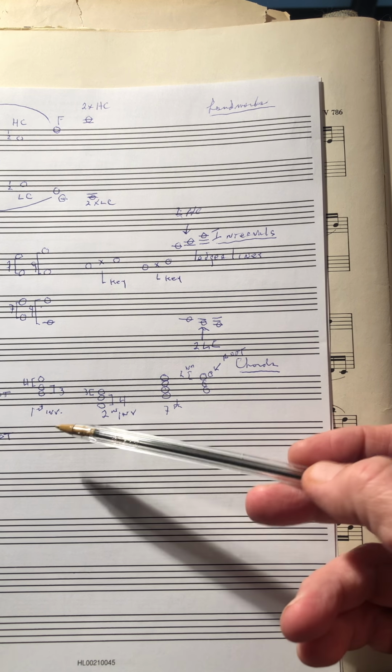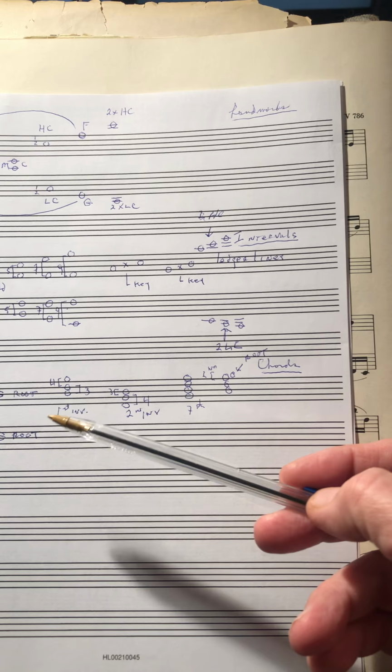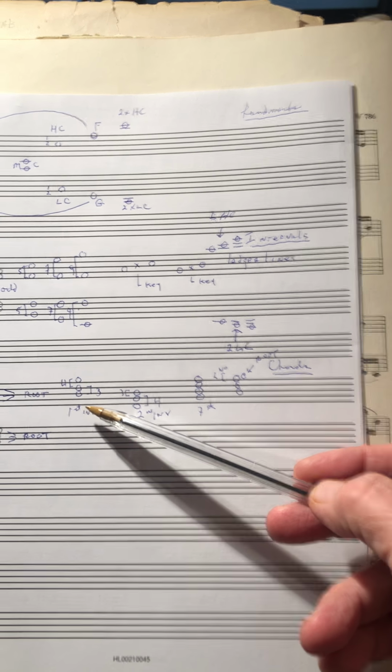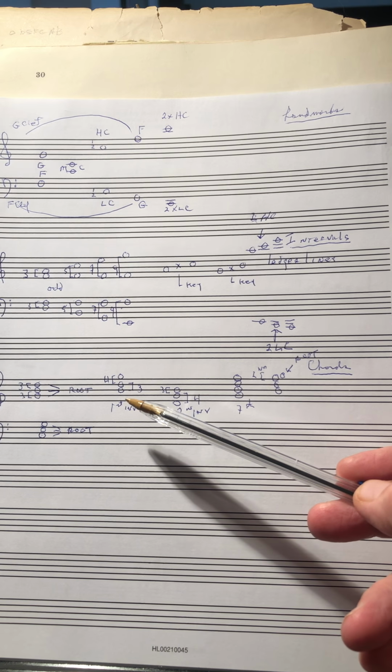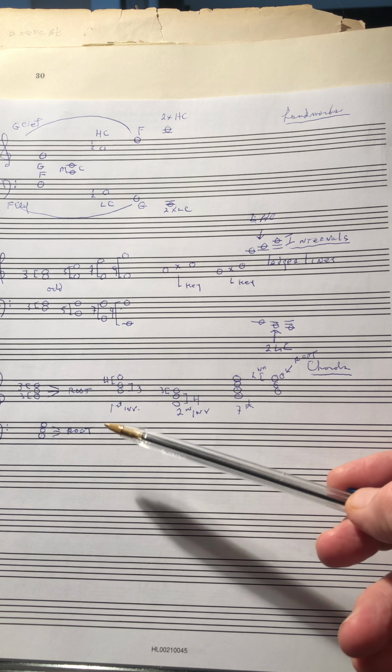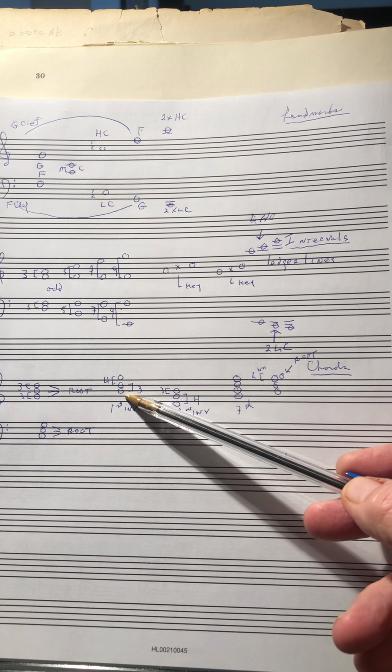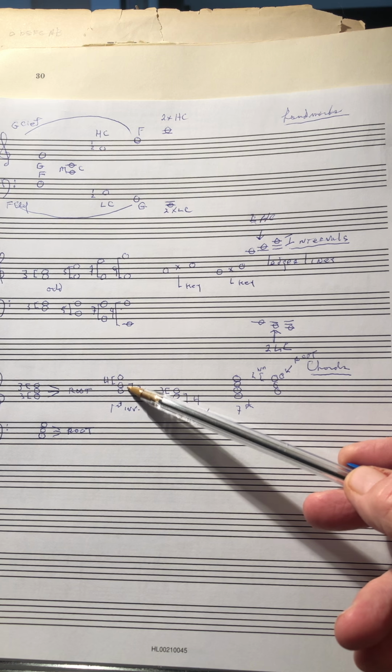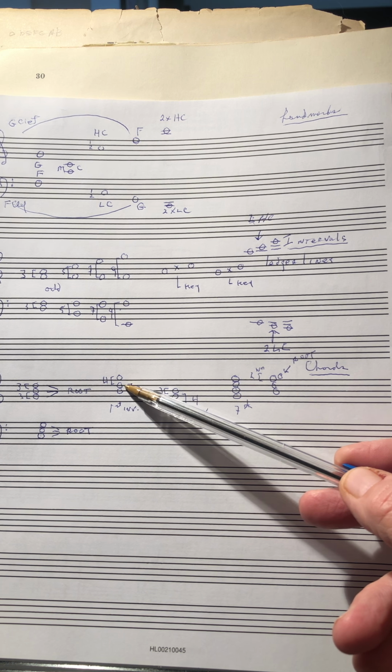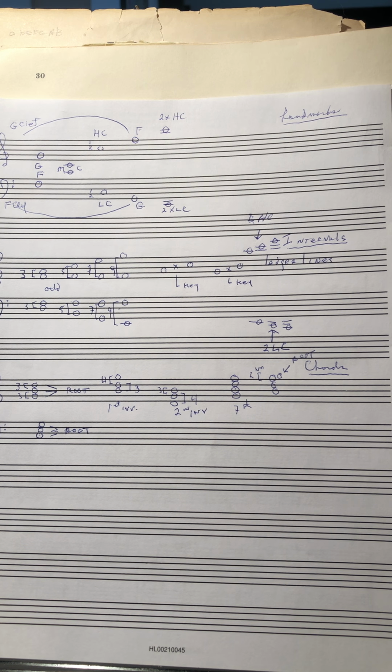Now, when we start inverting chords, we start running into fourths. If the fourth is on top, it's a first inversion chord. My G chord becomes, okay.